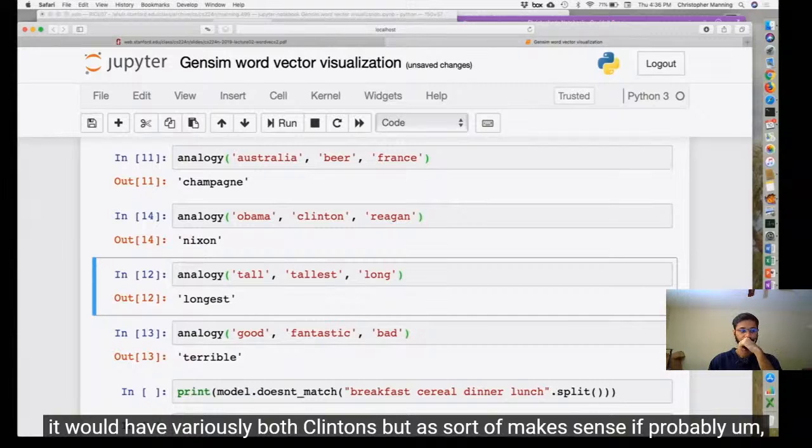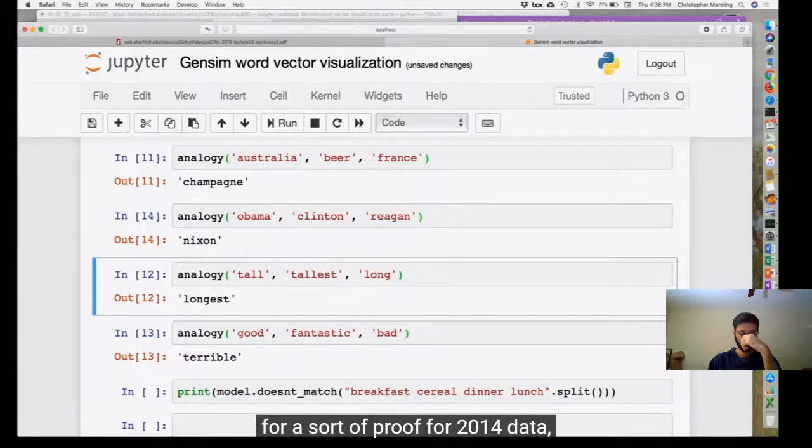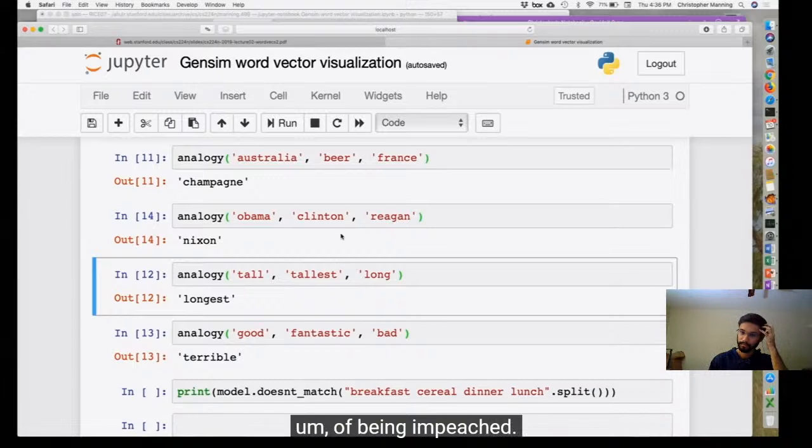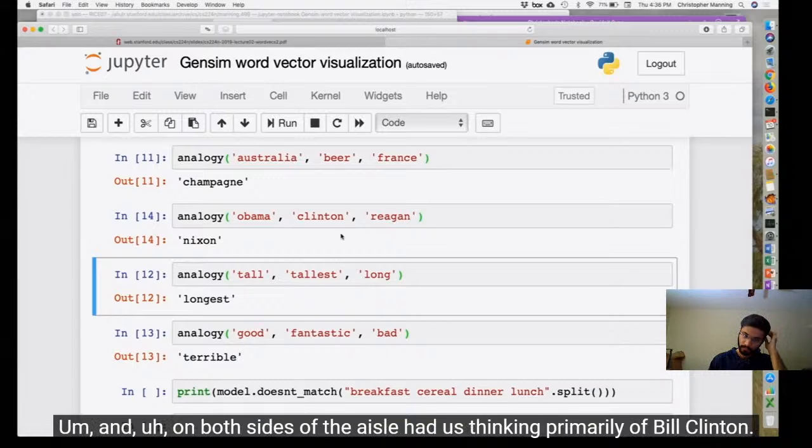It sort of makes sense that for data from before 2014, Bill Clinton dominated. So I think what we're getting out of this is that Clinton and Nixon are sort of similar, people in danger of being impeached, on both sides of the aisle, and it is thinking primarily of Bill Clinton.